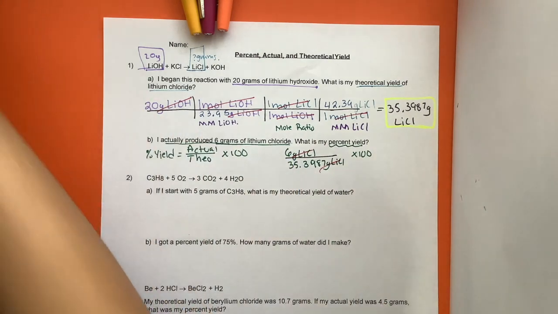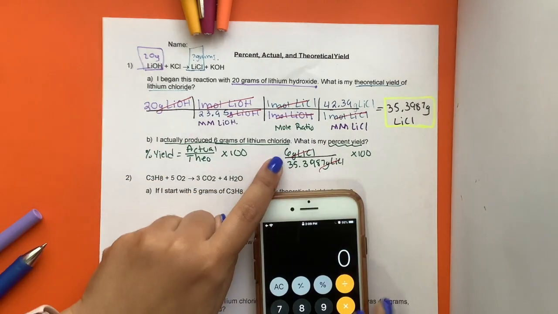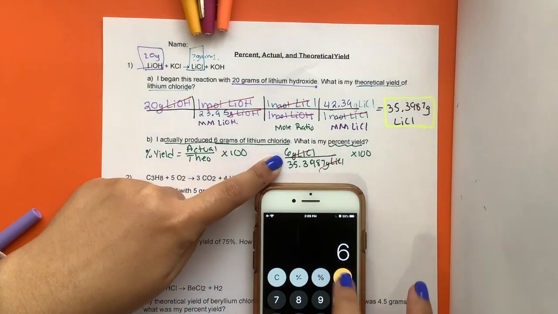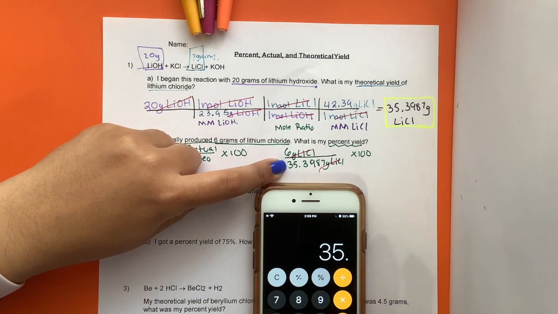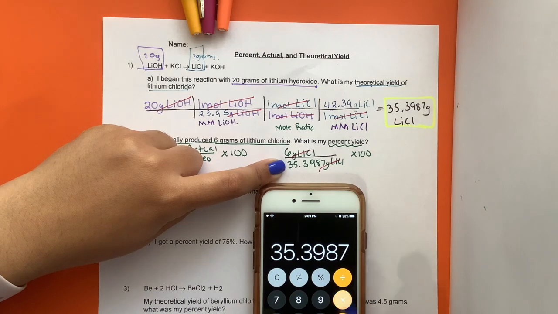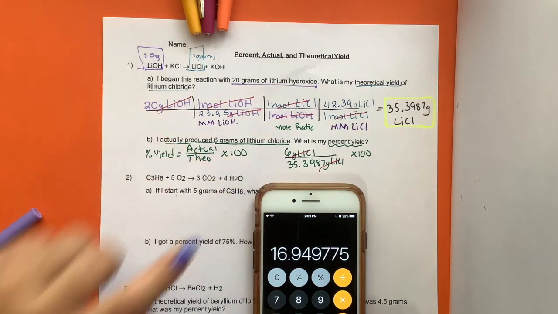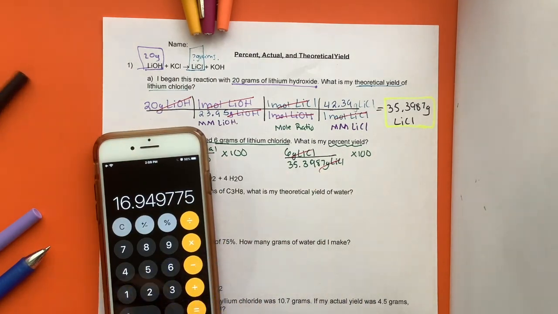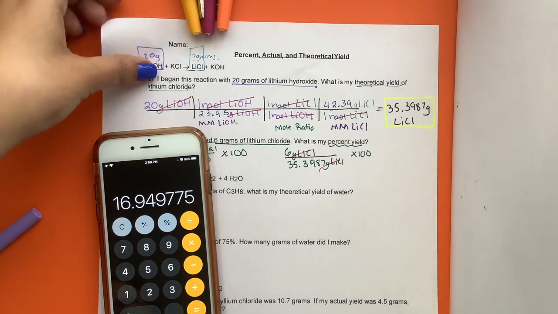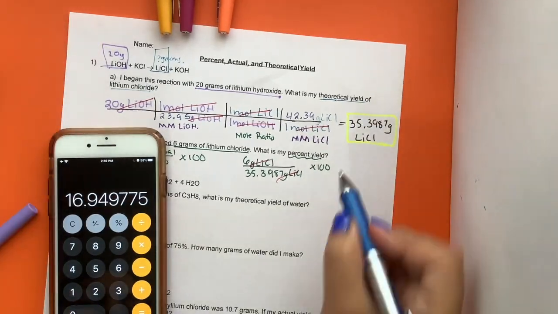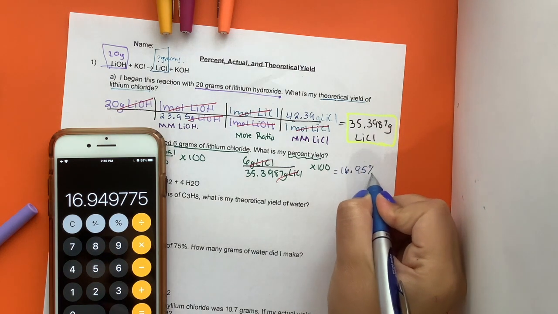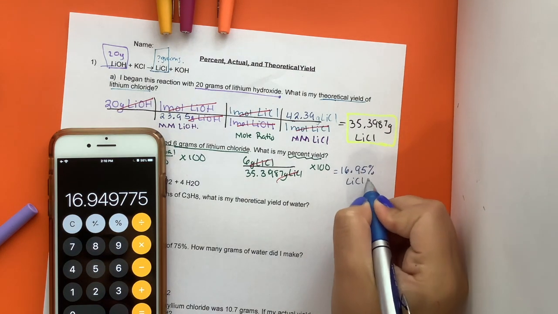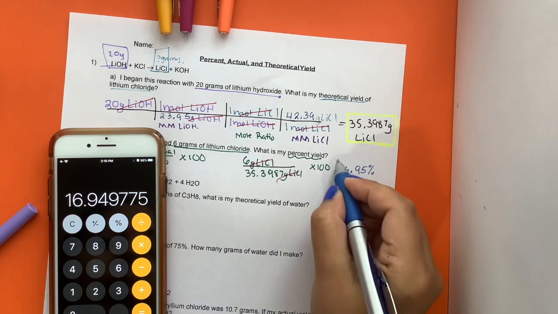So now I'm going to get my calculator. I'm going to do 6 divided by 35.3987 times 100. And it gives me 16.95%. 16.95% of lithium chloride. That is my percent yield.